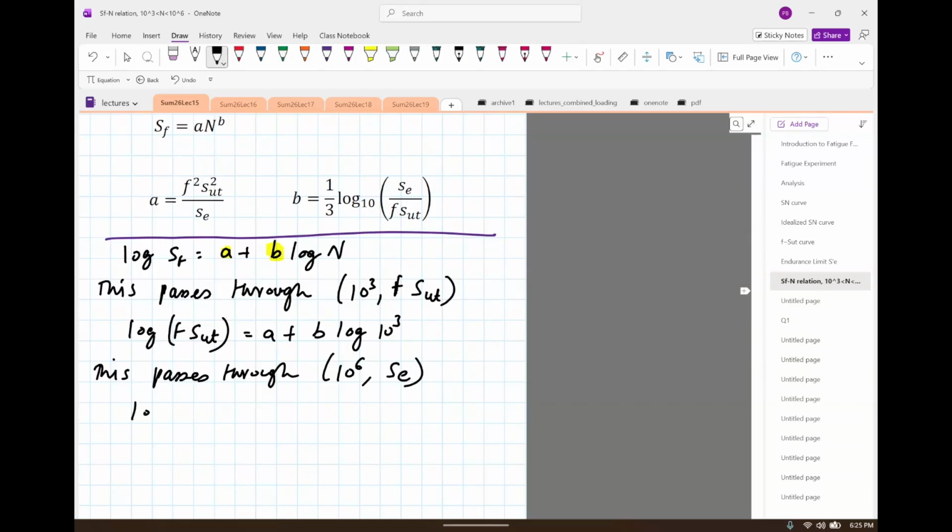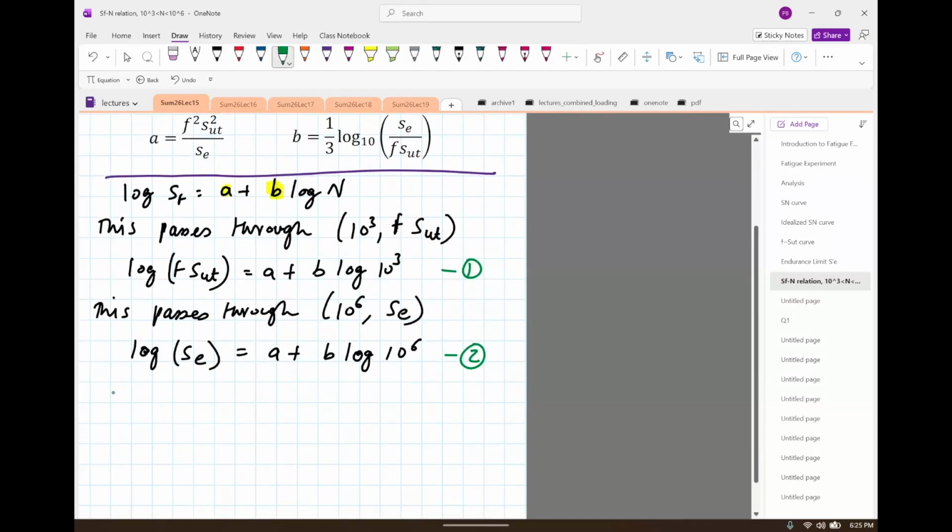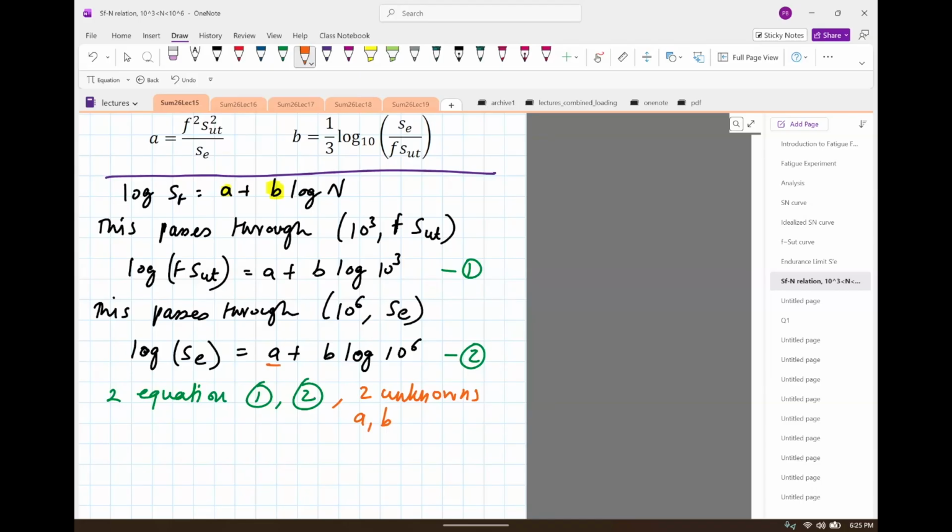So we can say log SE equals A plus B log 10 raised to 6. Okay, so we have equation 1 and equation 2: two equations and two unknowns, A and B.